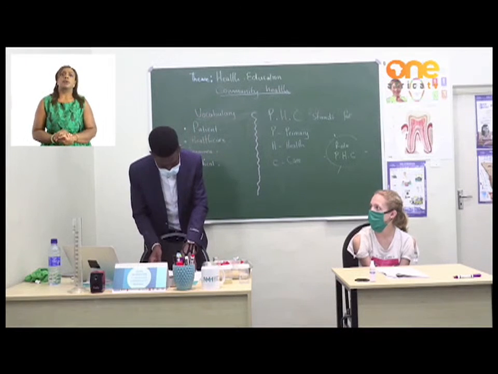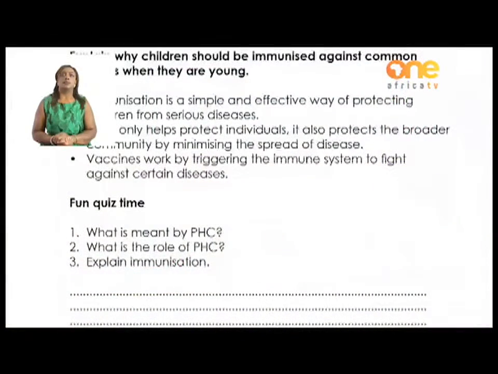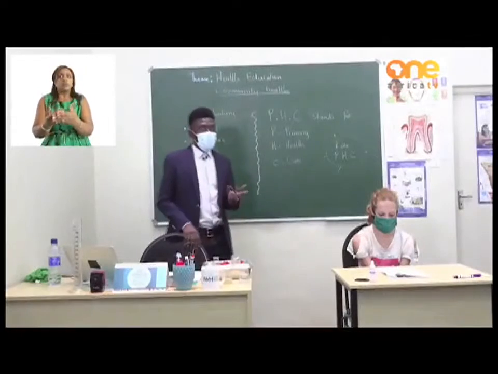Right, here the points are saying, immunization is a simple and effective way of protecting children from serious diseases. Diseases like polio, that's one of them to mention. It not only helps you protect individuals, it also helps the broader community by minimizing the spread of the disease, right? Vaccines work by triggering the immune system to fight against certain diseases, right? What does this mean?